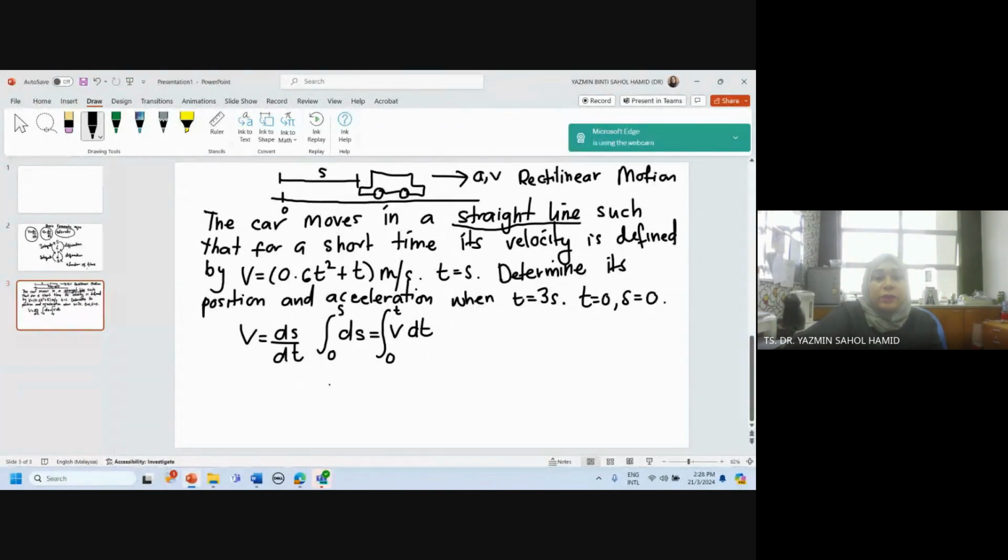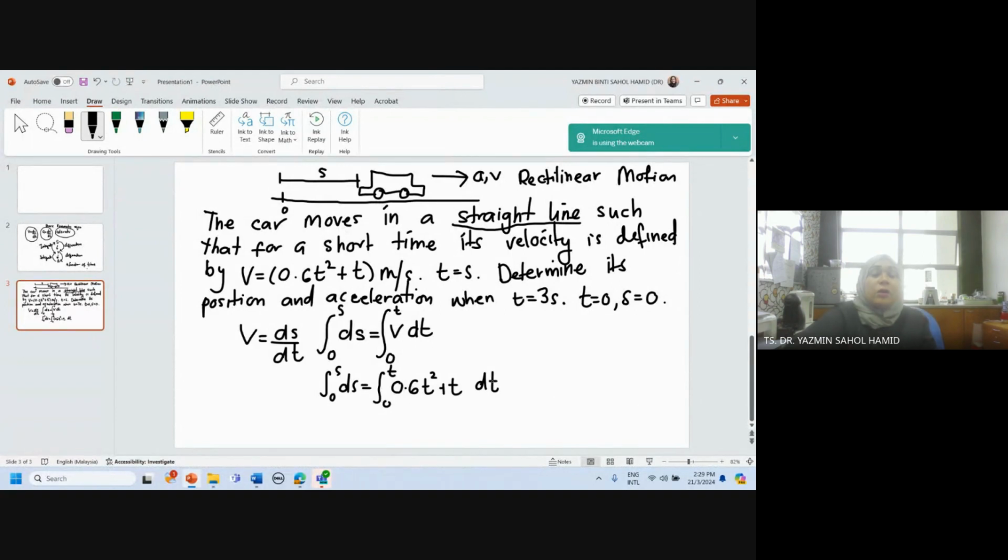So again we write back that formula, and replace v with (0.6 t squared plus t) dt.